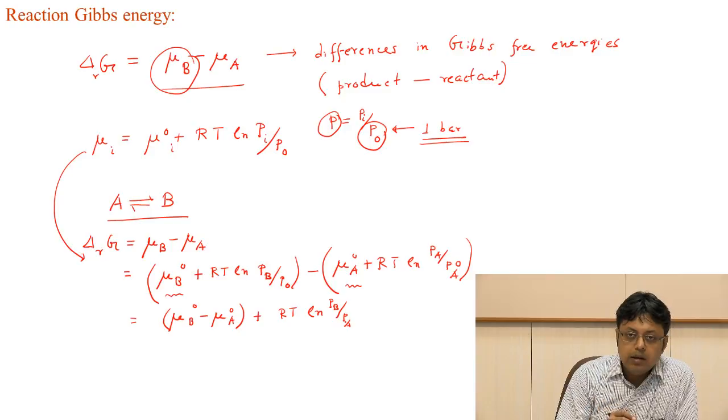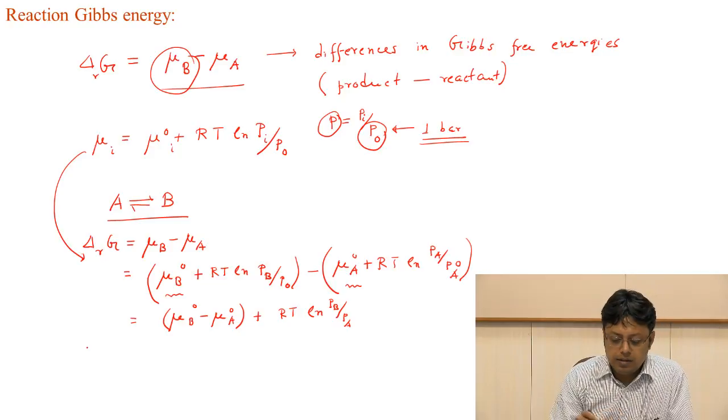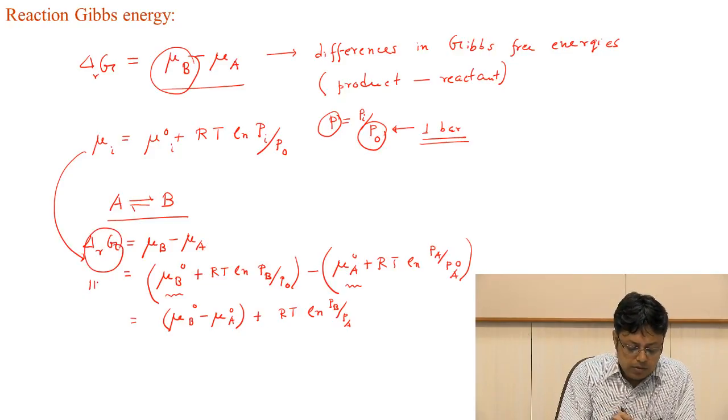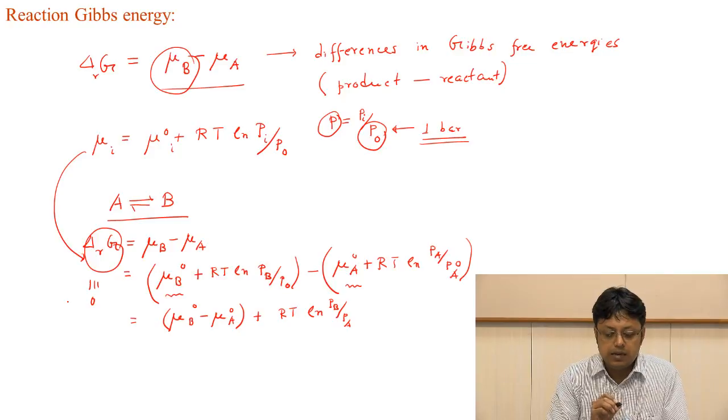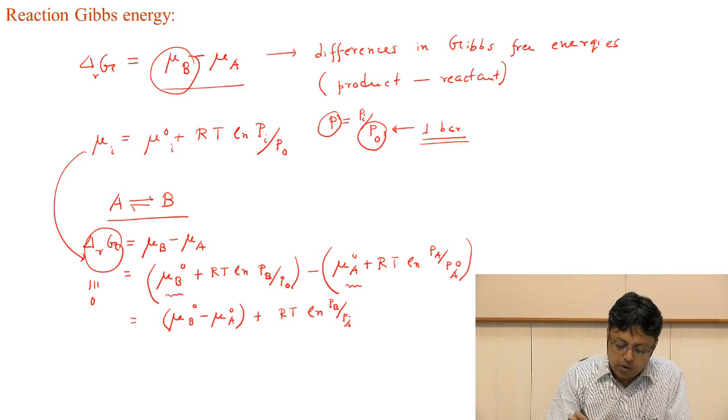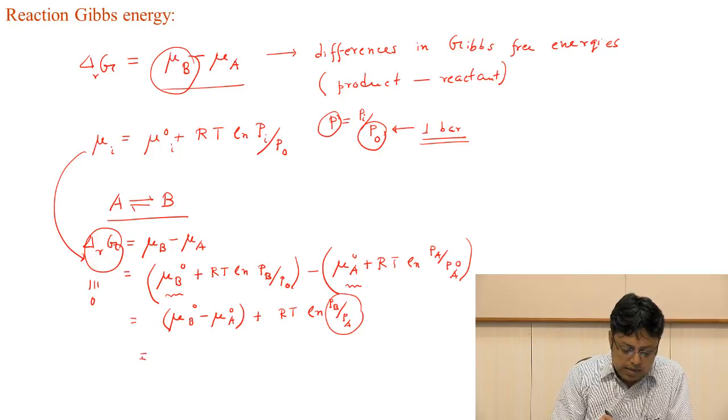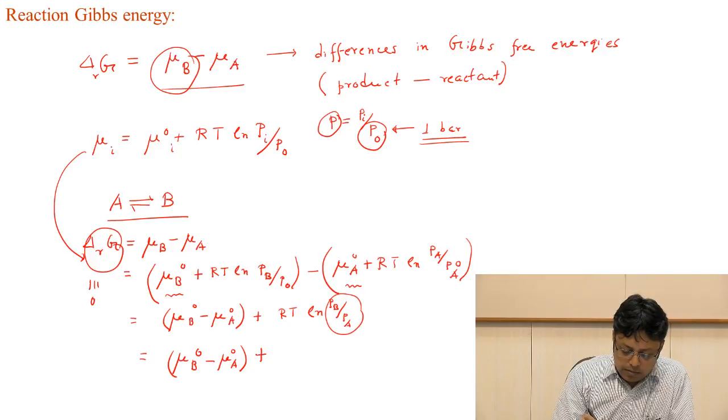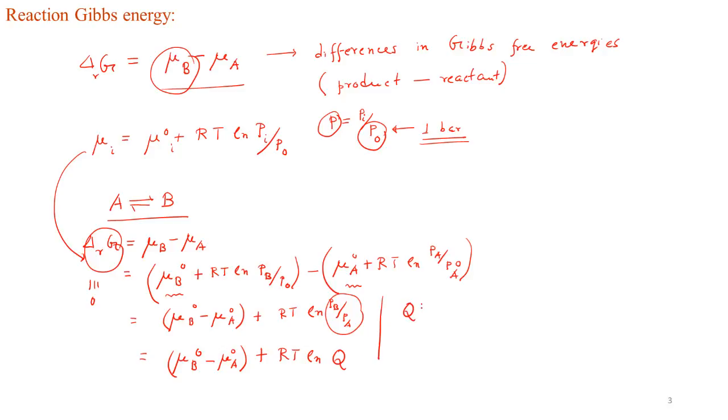Equilibrium is attained only when this term is equal to 0. Before that, we can call these ratios the reaction quotient. We write it as mu B0 minus mu A0 plus RT ln Q, where Q is known as the reaction quotient.